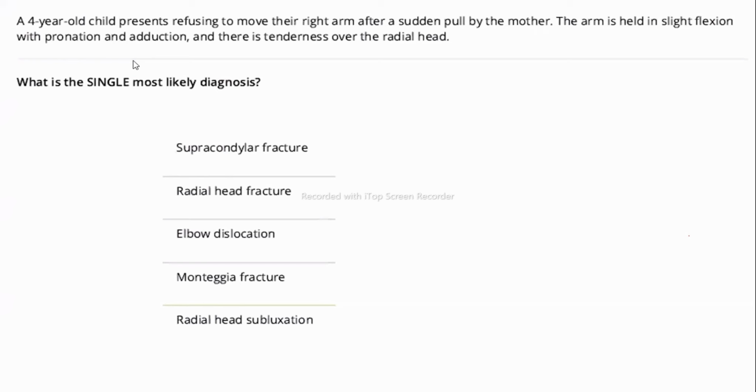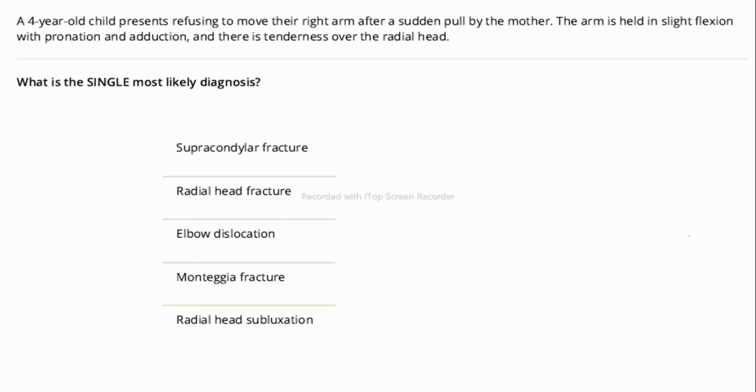This confirms it. So slight flexion, pronation, adduction, are they symptoms or signs? Signs. So it means a look. Tenderness is also a sign. So tenderness here, is it look, feel or move? Feel.